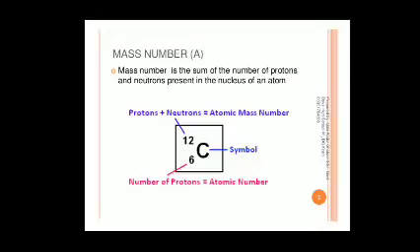Mass number. Mass number is the sum of the number of protons and neutrons present in the nucleus of an atom.